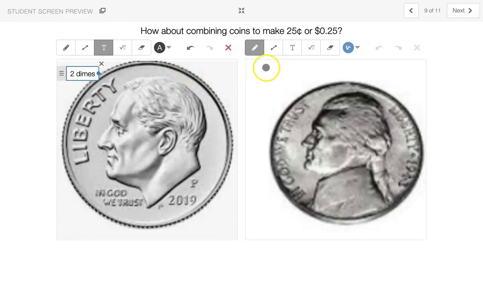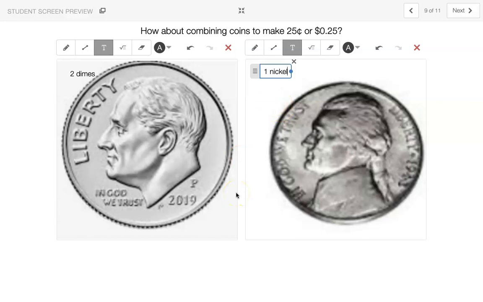How many nickels would I need? That's 20 cents. I need to get to 25 cents. So that is going to be 1 nickel. So let's look at that one. 2 dimes, 10, 20, plus 1 more nickel is 25 cents.